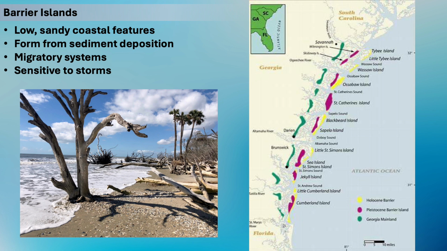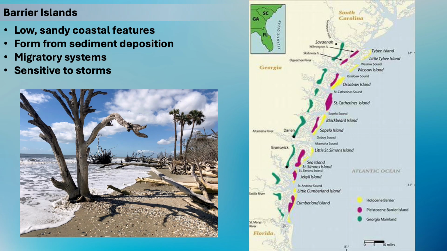Barrier islands are long, narrow accumulations of sand parallel to the mainland coast. They form in regions where sediment supply is high and wave energy redistributes sand offshore and alongshore. Barrier islands are not fixed structures.